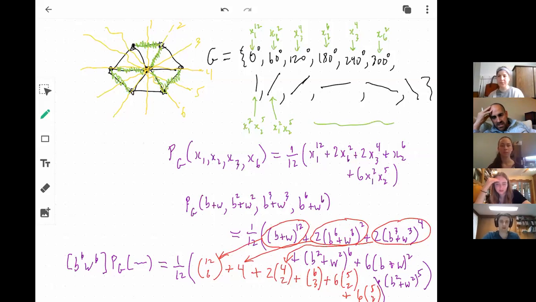The only reason we use b is it reminds us of black, and the only reason we use w is it reminds us of white. Okay, so why in the world would I plug in b cubed plus w cubed for a 3-cycle?